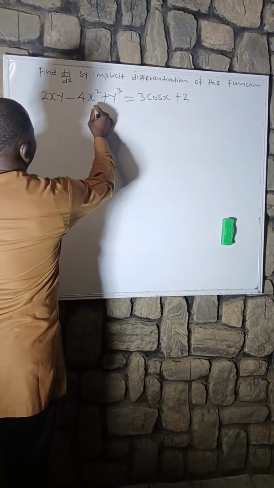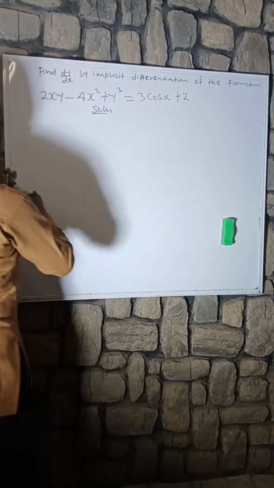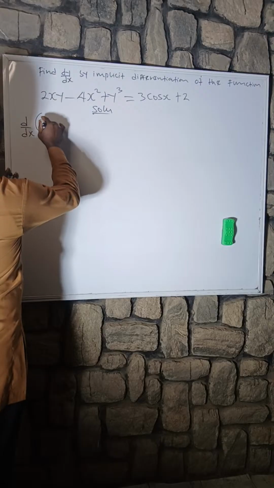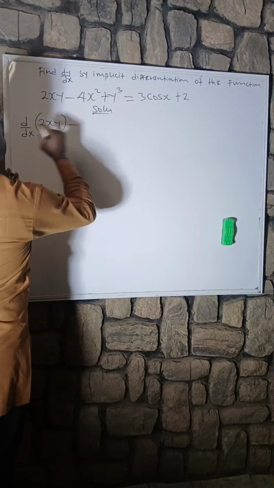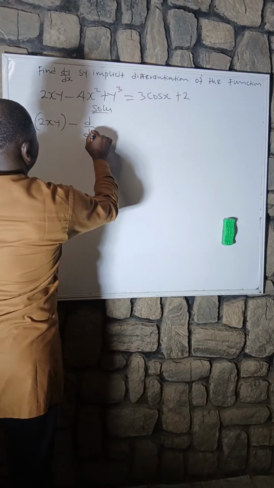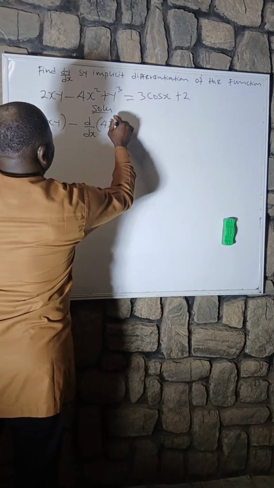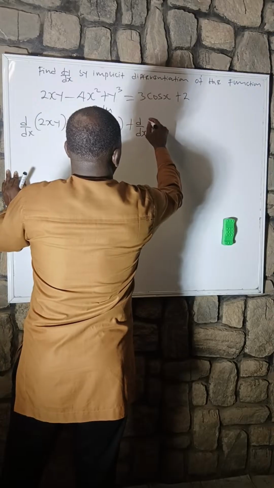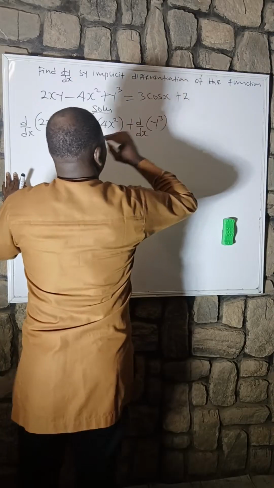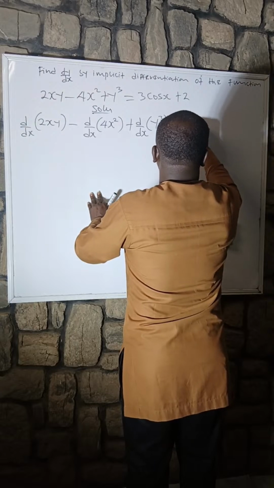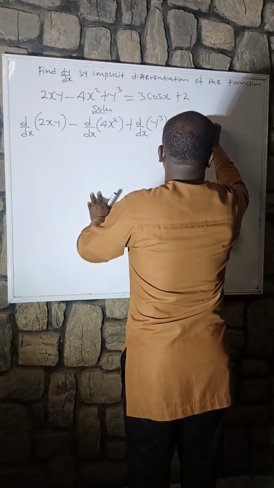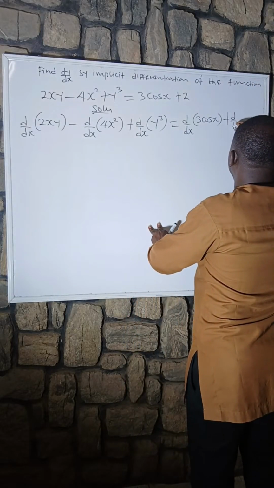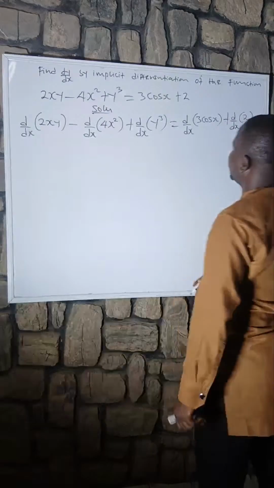What you need to do, you don't need a prophet to tell you. You write d over dx of 2xy, minus d over dx of 4x squared, plus d over dx of y raised to the power of 3, equals d over dx of 3 cos x, plus d over dx of 2.